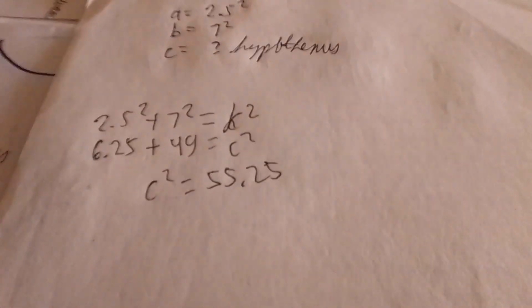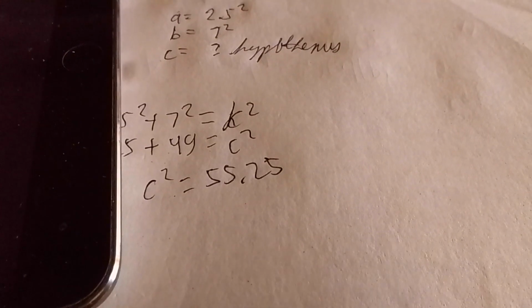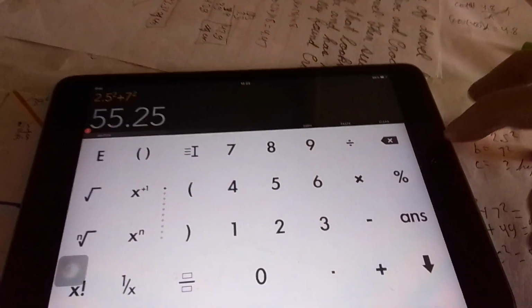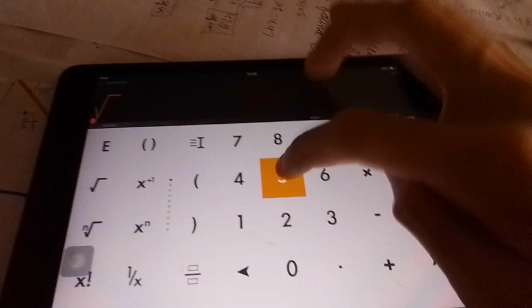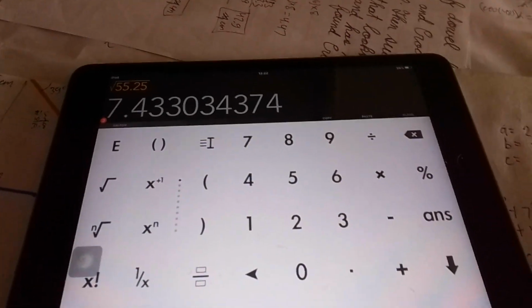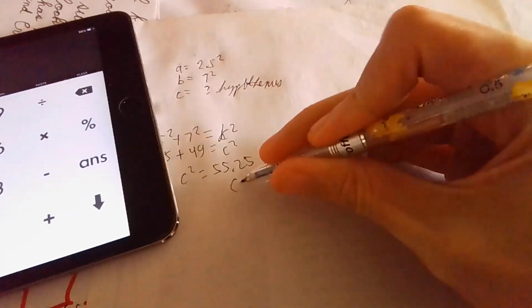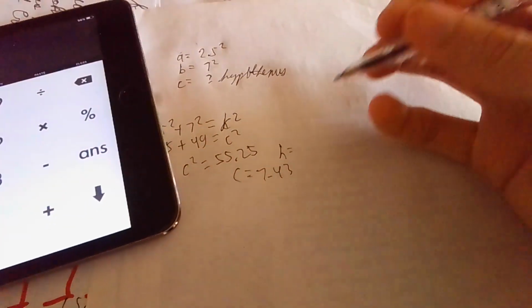Alright? Now, we take the square root so that we can get the height. Remember, we have 2.5 squared plus 7 squared. Then, take the square root of that number. We should get 7.43. So, ang C is 7.43. Okay?